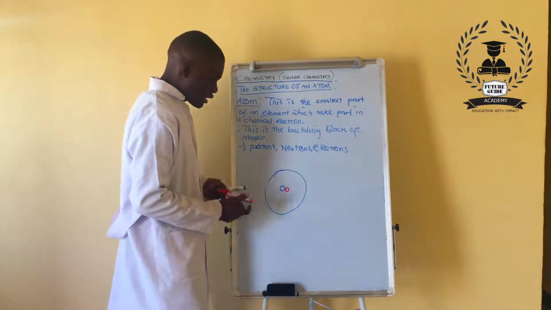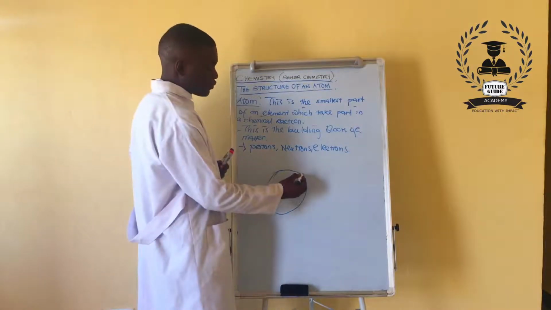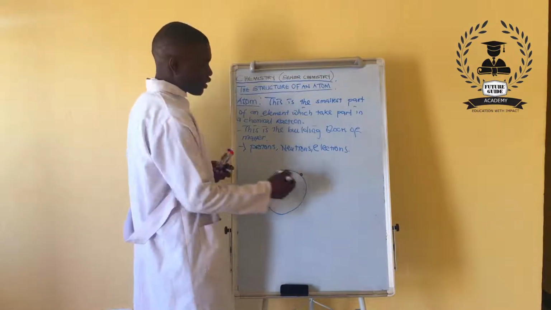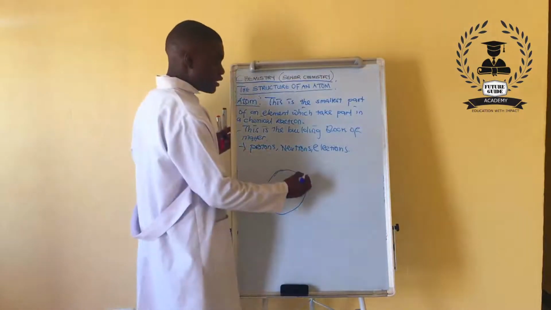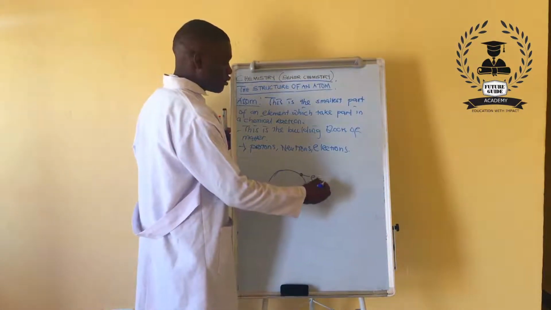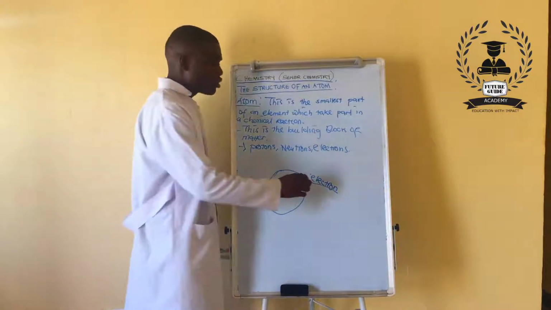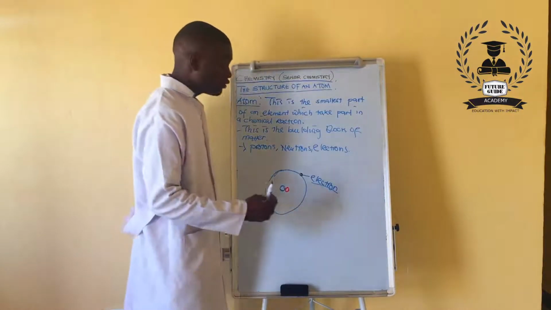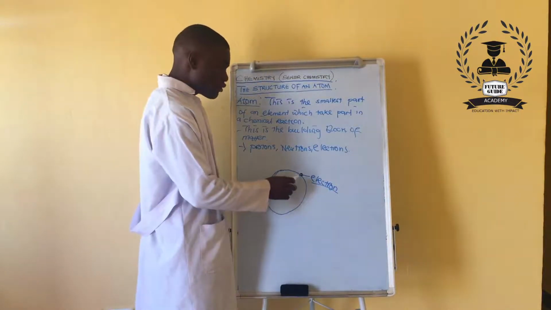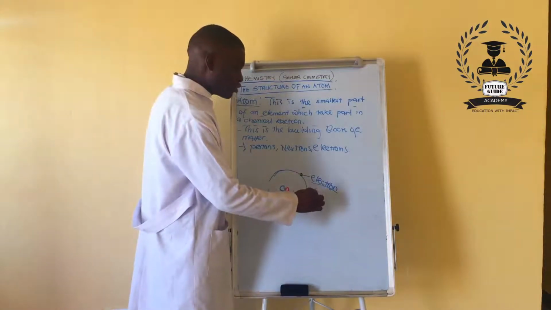And then around, we've got another part. So this is what we mean. This one here is what we call an electron. An electron will always orbit or go around the center, which is the nucleus of an atom. They go around in a path called what?